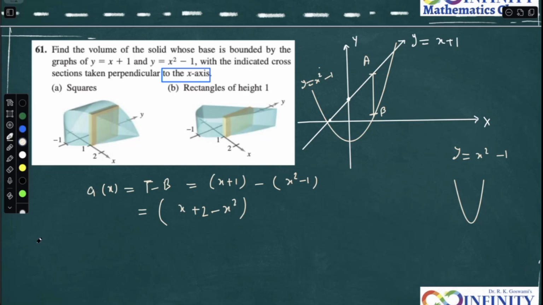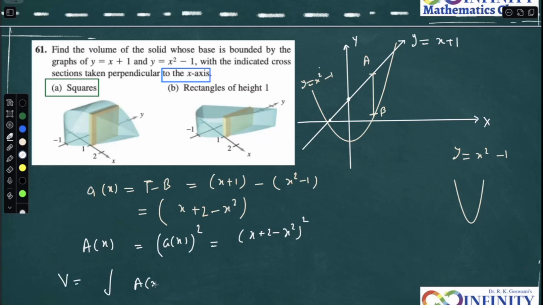And in the first case, it is given that the shape of the cross section is going to be a square. When the shape is a square, A(x) is the square of the length, that is (x plus 2 minus x square) whole square. So if you ask me the volume, I have done it almost.